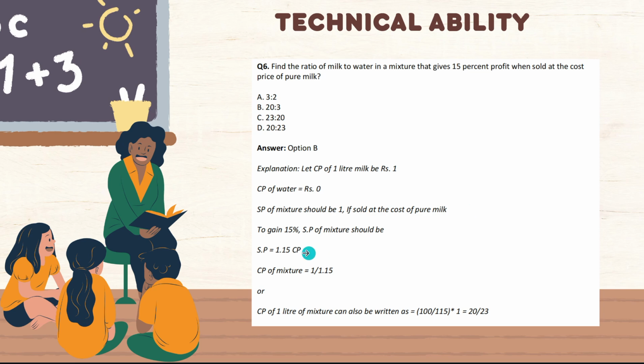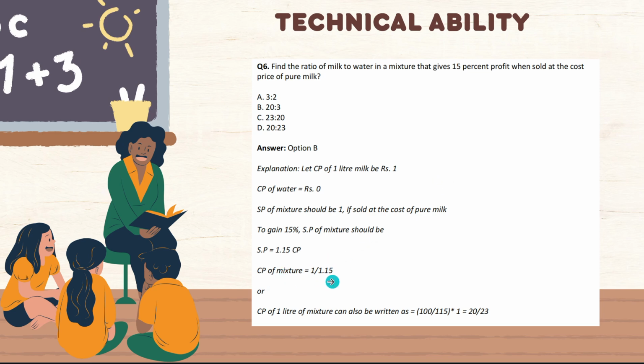To gain 15% profit, the SP of the mixture should be 1.15 CP. Profit percentage is (SP minus CP) by CP into 100. That is the formula.